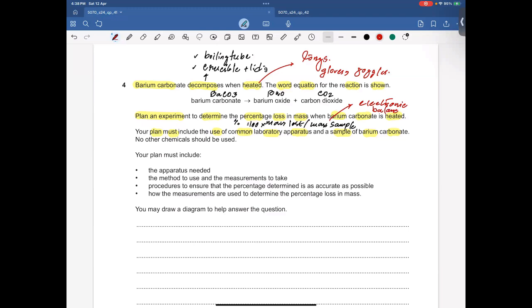One more thing, the crucible needs to be placed on the tripod stand, and the tripod stand is hollow in the middle, so we need to put wire gauze on it. So these are the potential common laboratory apparatus which can be used for this decomposition. If anything else comes up, we will add that too.